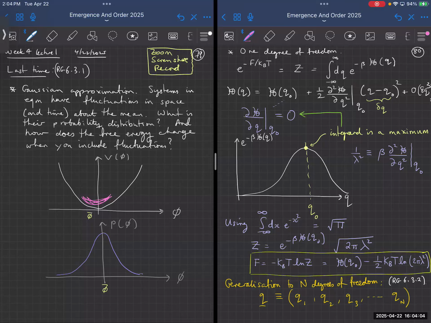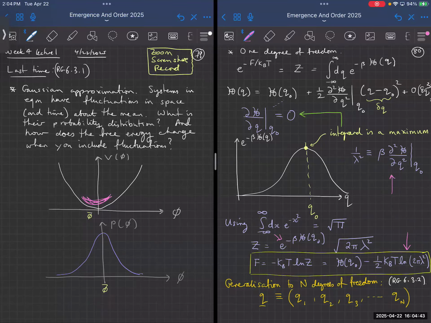After we've done that integral, we end up with Z being just the mean field value, which is this first term over here, and then the square root of pi times 2 times the lambda squared, where lambda is the inverse of this Hessian matrix. And so when we work out the free energy, which is e to the minus beta f is Z, we simply get an extra contribution, this term over here, that comes from the fluctuations.